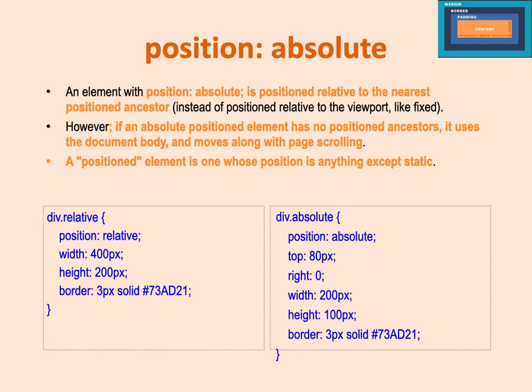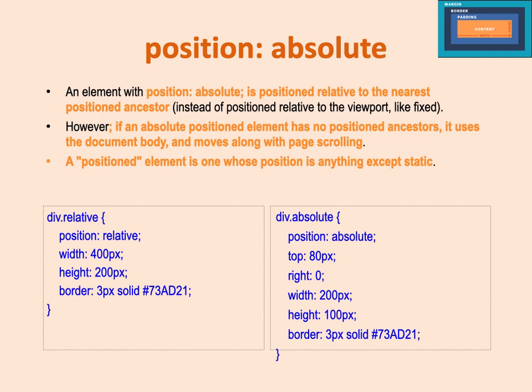Here, examples are given with respect to the div element. So div.relative and div.absolute are specified. Relative we have already discussed, and div.absolute is position absolute, top 80px, right 0, width 200px, height 100px, border 3px solid #73AD21.